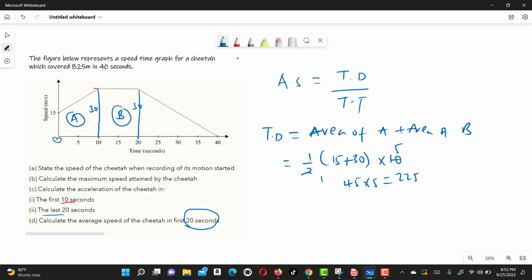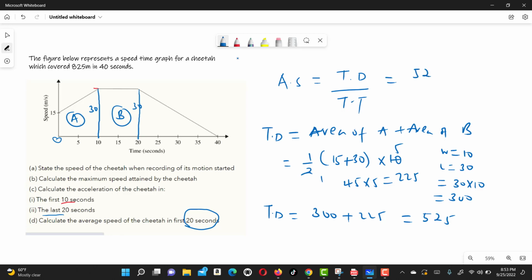The area of B is a rectangle with a width of 10 and a length of 30. That gives us 30 times 10, which is 300. Total distance is equal to 300 plus 225, which is 525. So the average speed is 525 divided by the total time, which is 20. That gives us 26.25 meters per second.